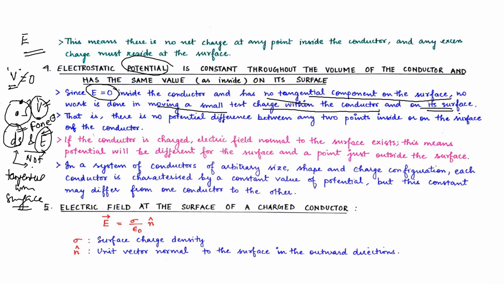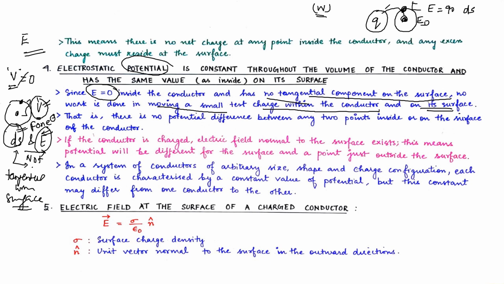So this is our conductor, and at this point E is 0, and here E is 90 degrees with ds. So in this particular area on the surface and inside, we can move this charge as we wish. We do not need to do any work.